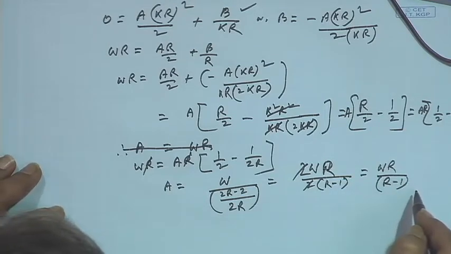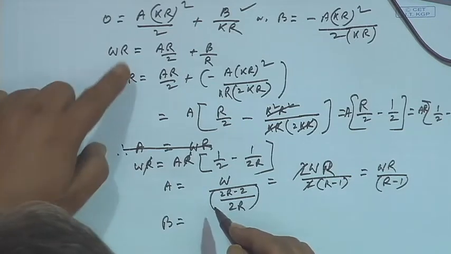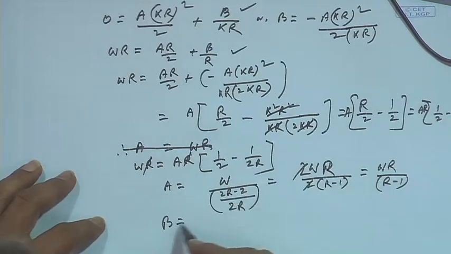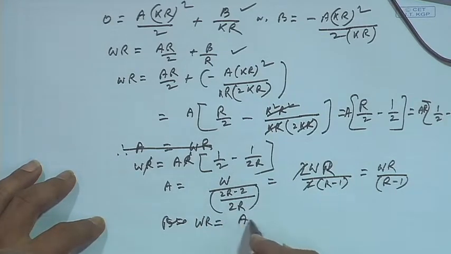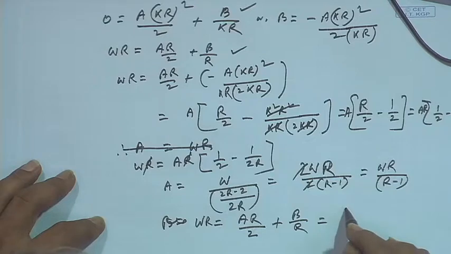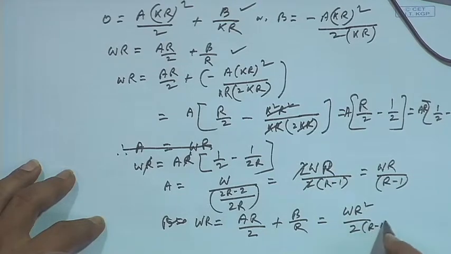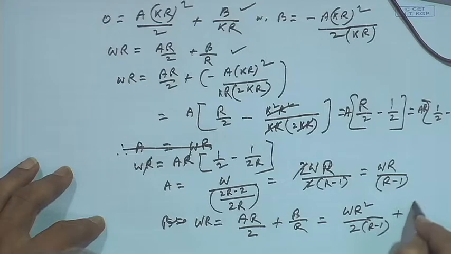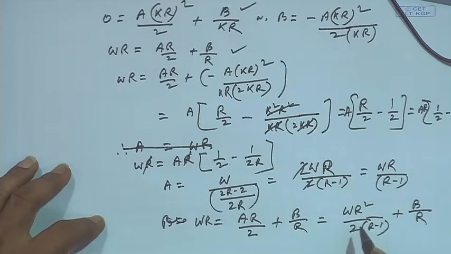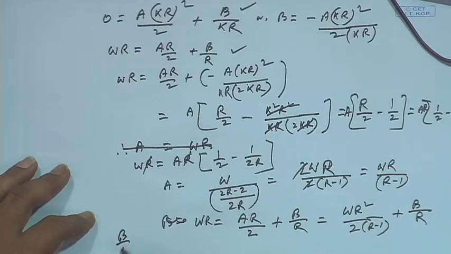So, if it is A, then B can be written as, from here we can write that omega R is equal to A R by 2 plus B by R. From there we can write, substituting A, omega R square by 2 into r minus 1 plus B by R. So, B by R is equal to omega R minus omega R square by 2 r minus 1.